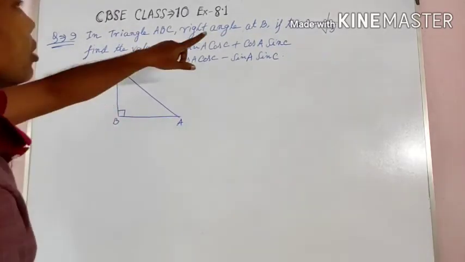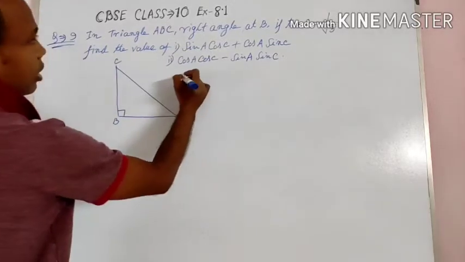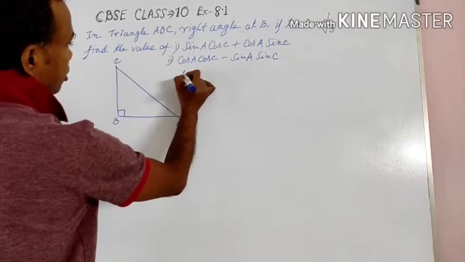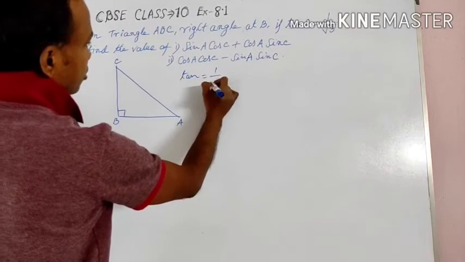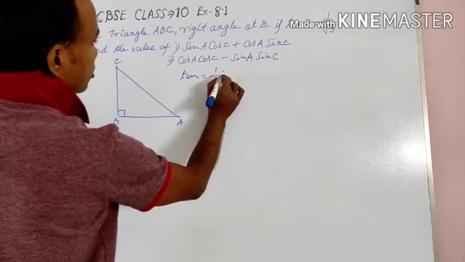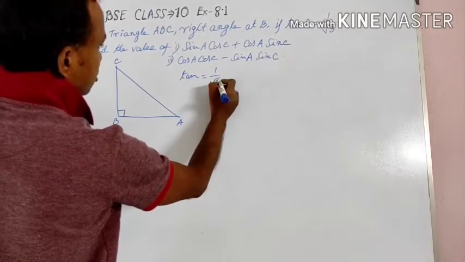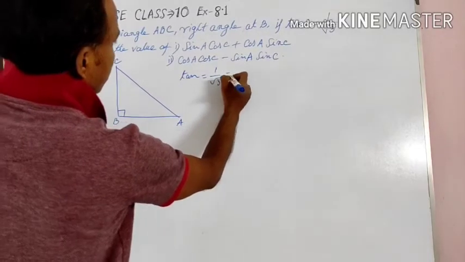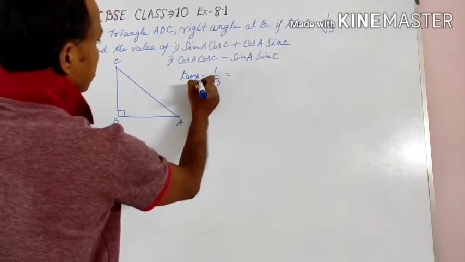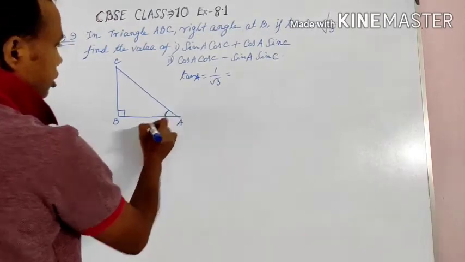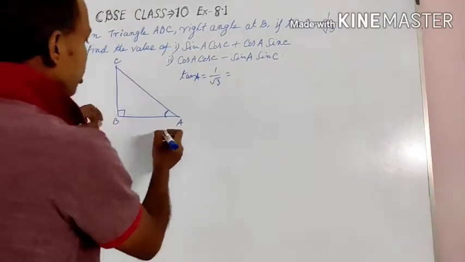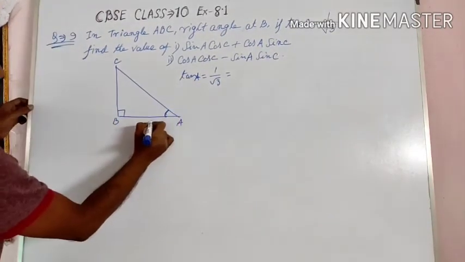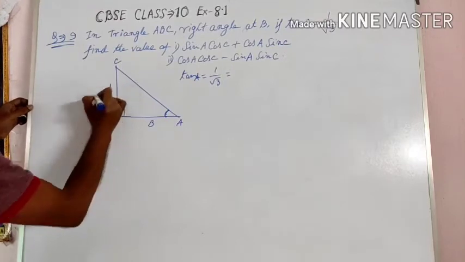First we find out tan A, which is given as 1 by root 3. If this is your angle A, this is your base, this is your perpendicular.